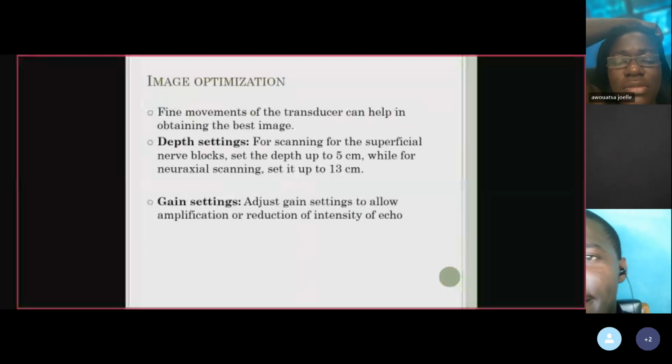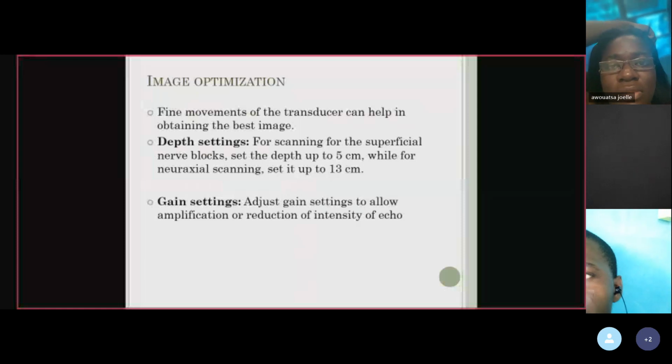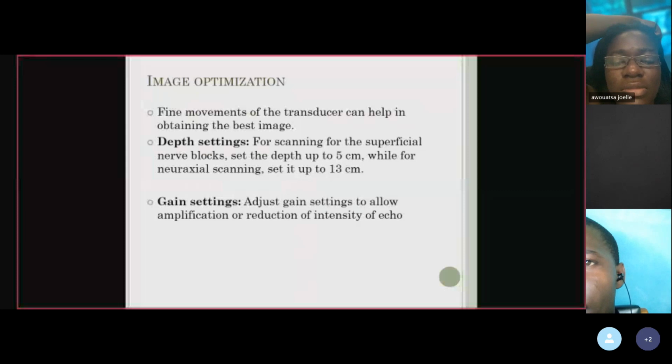Okay, so you have to do the depth setting, that is, how deep you want to scan. If you are scanning a superficial nerve block, the depth should be around 5 centimeters. But for other scanning, you can increase it to 13 centimeters if you want to scan deeper organs. Usually for linear probes, we will keep it short.